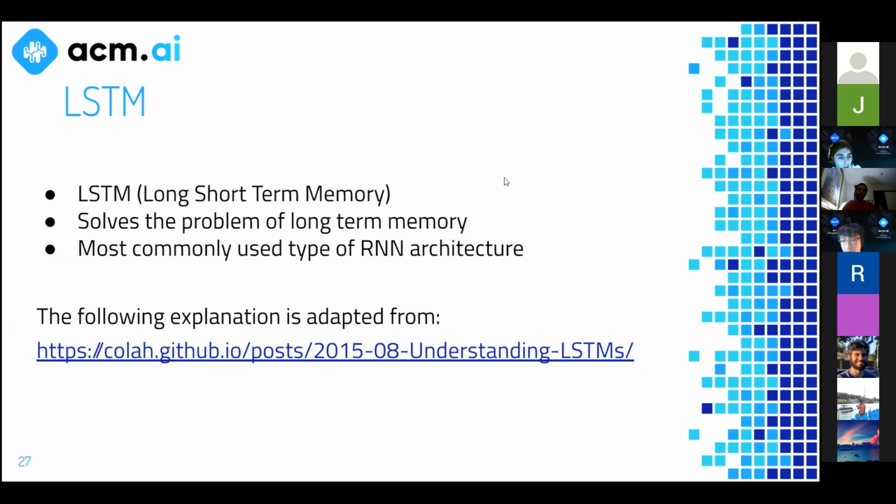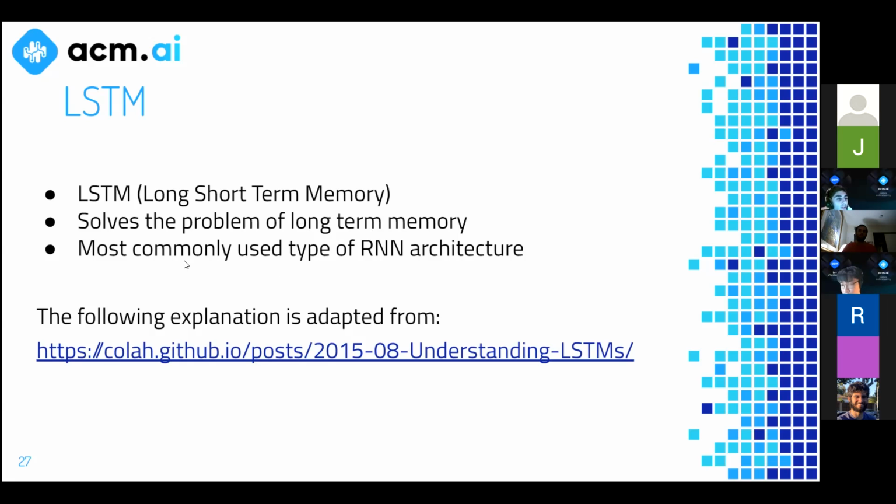As the slide says, it solves the problem of long-term memory. As we speak, there is a lot of research being done in this area, and new things are being developed, but for a couple of years, LSTMs were definitely the most commonly used RNN model.